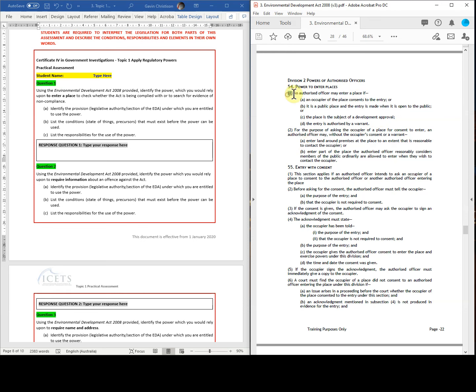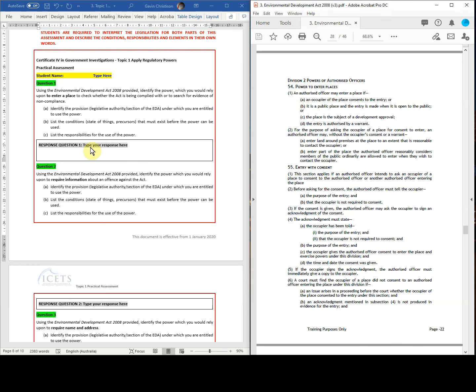So if we take just that section there, are there any precursors or conditions that we need to comply with in order to use section 54? And the answer is yes. So the things we need to satisfy are that, first of all, the person is an authorised officer under the Act.